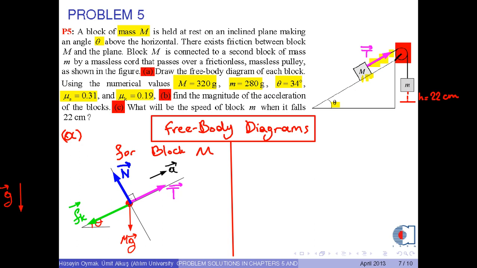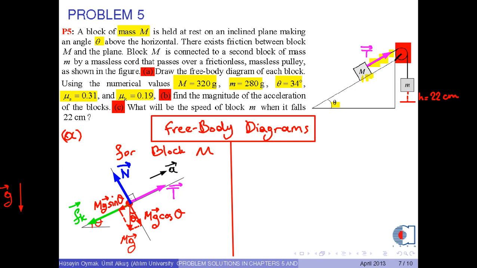For convenience, let's decompose the gravitational force along the lines perpendicular to the inclined surface and parallel to the surface. Angle theta is marked here. The component perpendicular to the surface becomes capital M times g times cosine theta, and the other parallel to the surface becomes capital M times g times sine theta.